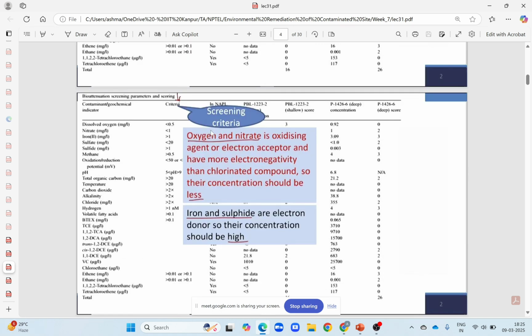Oxygen and nitrate are oxidizing agents, or electron acceptors, and have more electronegativity than chlorinated compounds, so their concentration should be low. If chlorinated compounds need to act as electron acceptors, then other electron acceptors with higher affinity for electrons should not be present. Otherwise, those high electron affinity compounds will act as the oxidizing agent, and the chlorinated compound will remain as it is.